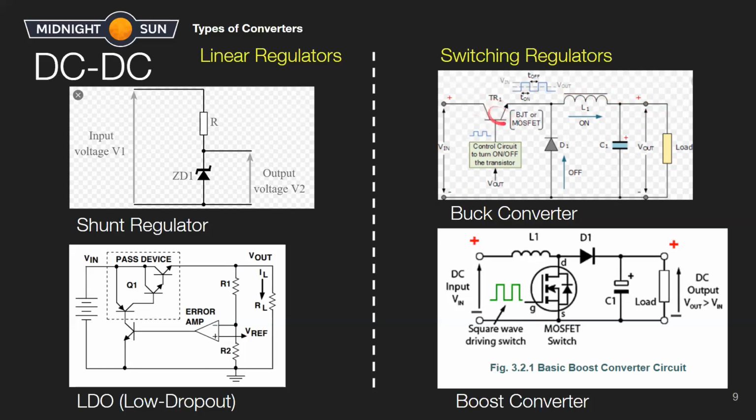When we turn off the transistor, so the clock or the square waveform is low, we actually have this isolated, right? So our V input is not actually providing power at this time. What is happening is this inductor is like, oh no, my current source is gone, and I, an inductor, do not like sudden changes in current.